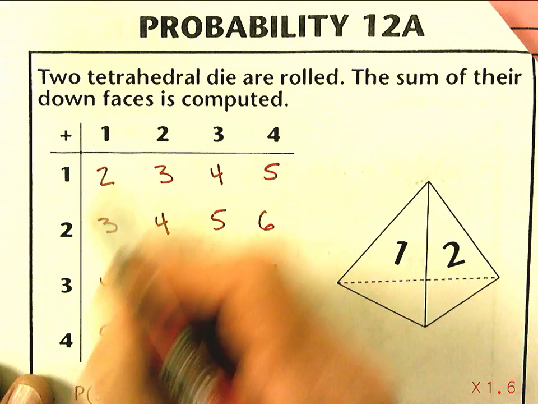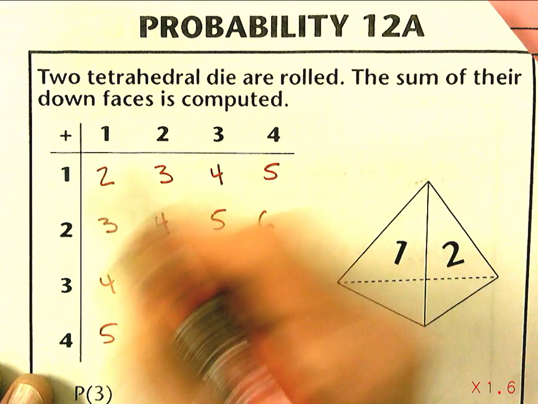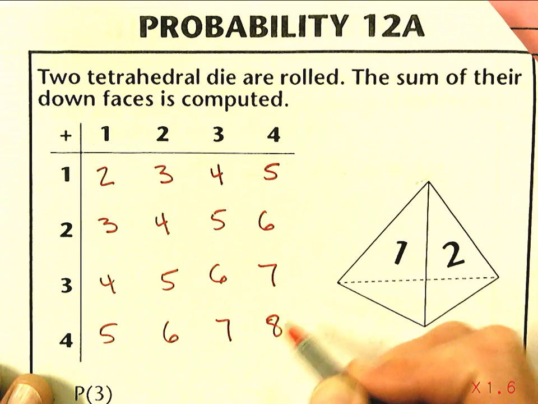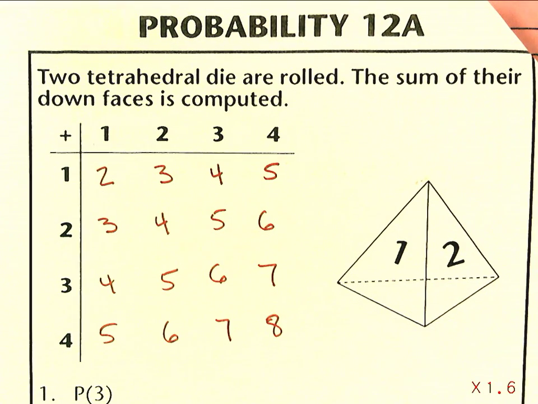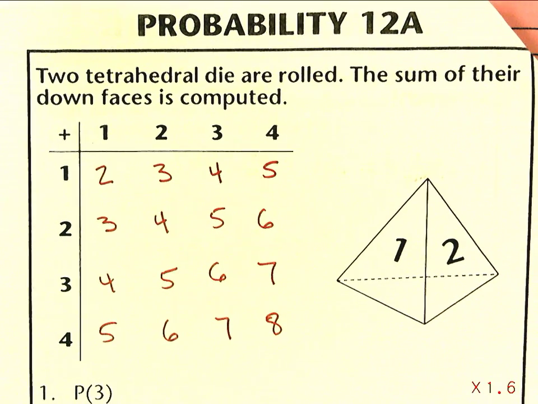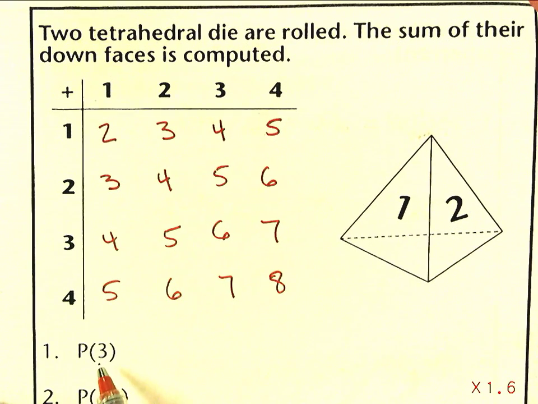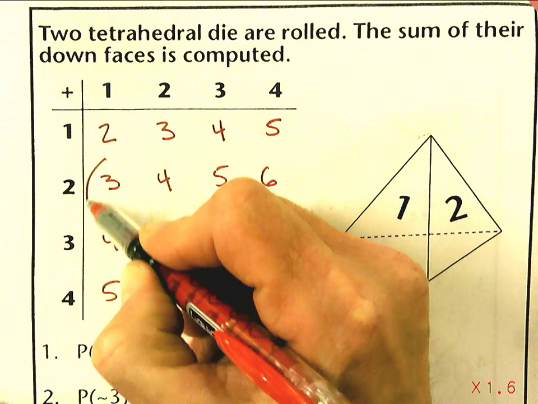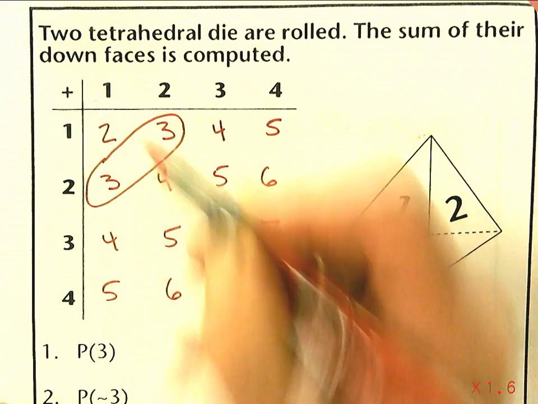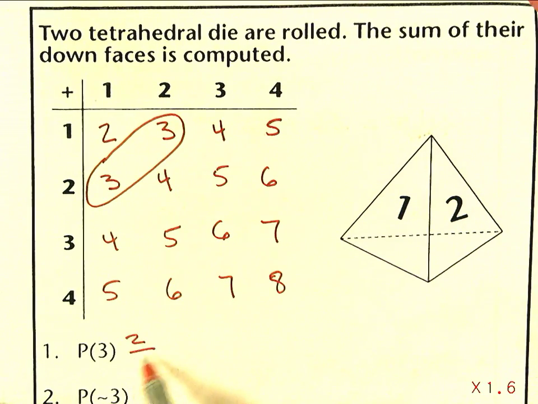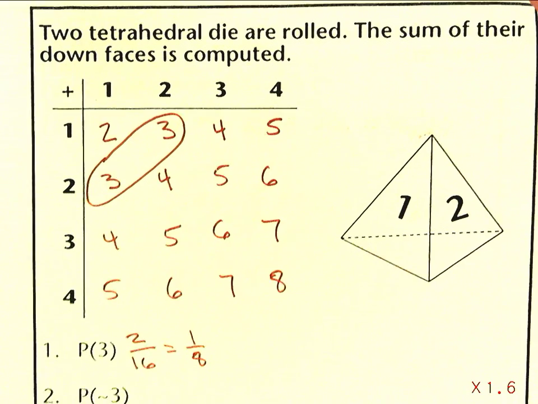So you can see that with this type of die, there are only 16 possible sums when we take two dice together. And so we can use that, again, to determine some probabilities. If we look at the probability of getting a sum of 3, there are just these two ways out of 16, or 1 in 8. We always reduce the fractions when we have the opportunity.